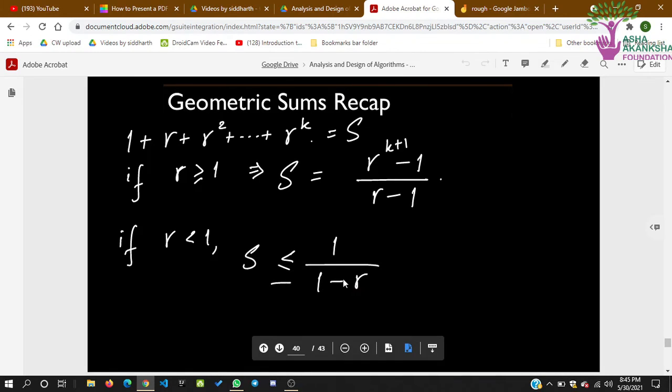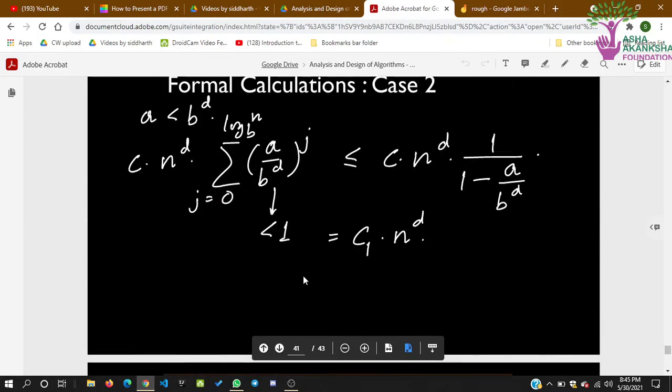Now for the further formal calculations, I will just briefly go over the geometric summations. Suppose that we are given this geometric series, and we take the sum of the series equal to S. Then if r is greater than or equal to 1, we take the sum as this. If r is less than 1, then the sum is equal to 1 upon 1 minus r, which can also be written as less than or equal to this.